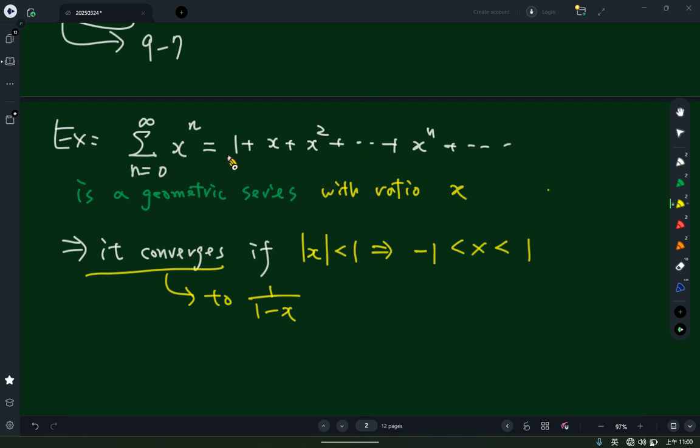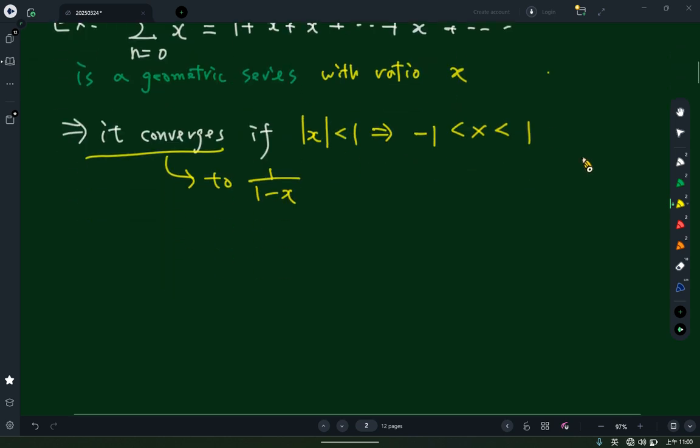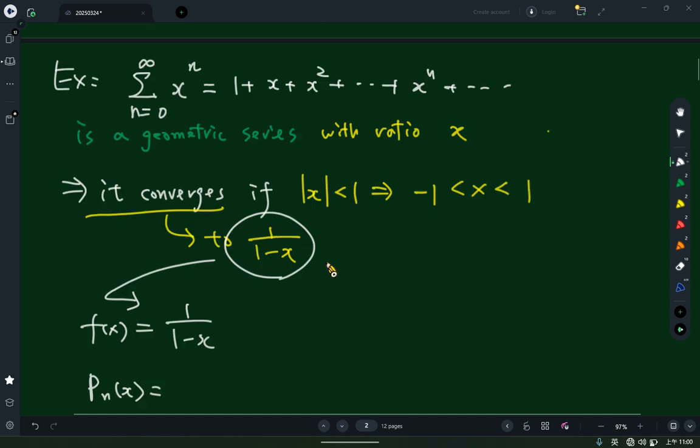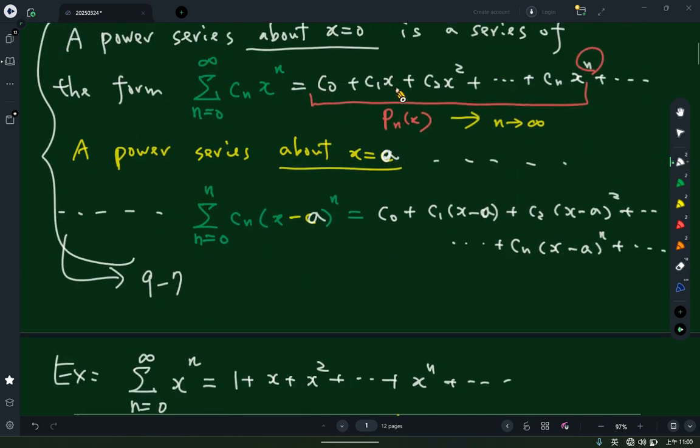You can see this one is f of x, but we also have Pn of x. Do you remember what Pn of x is? Pn of x means I just take n plus 1 terms, so the maximum power is n.